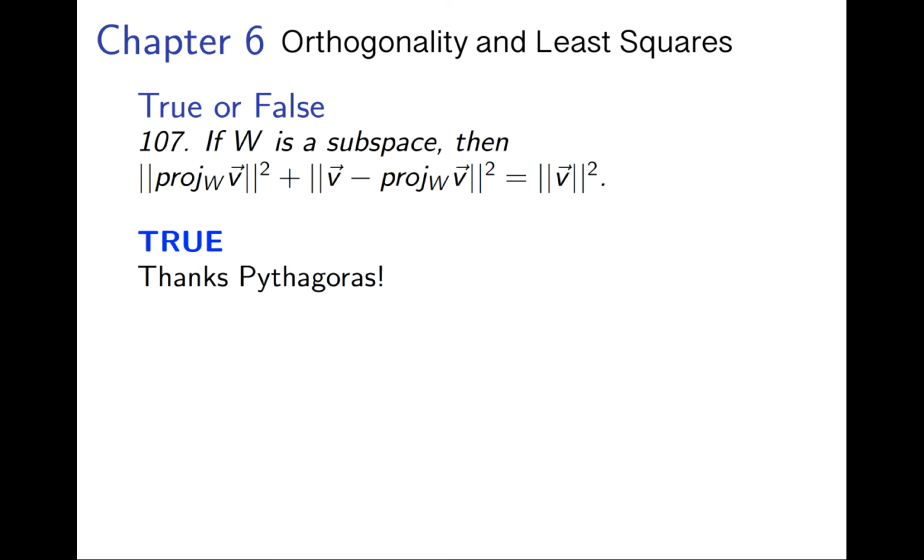This is the Pythagorean theorem. In this case, the length of V would be the hypotenuse, and the lengths of the other sides squared would be on the left-hand side. And that's because the projection onto W of V is an orthogonal projection. We have a right angle, so we're allowed to use the Pythagorean theorem.